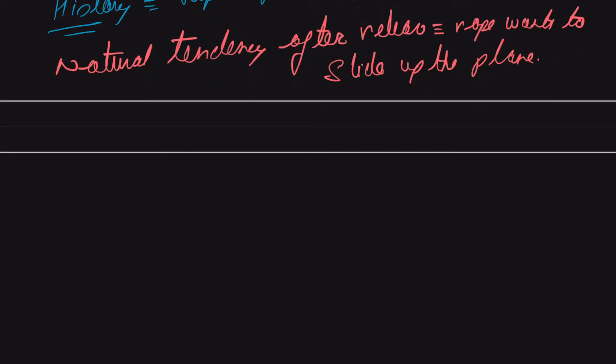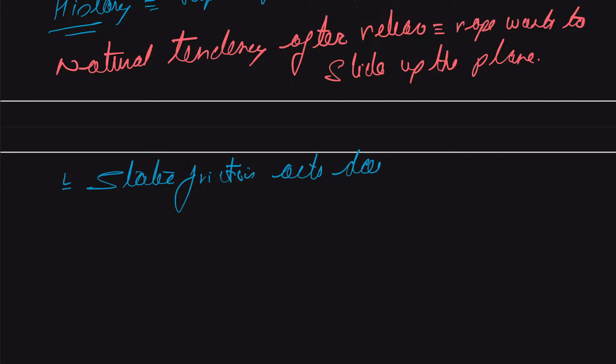Therefore, our static friction acts down the plane. So like I said, the static friction is history dependent. If we stretch the rope and then we nail it, the direction of our static friction changes.